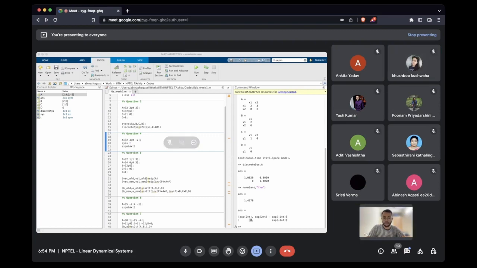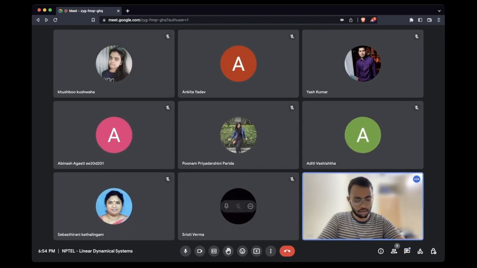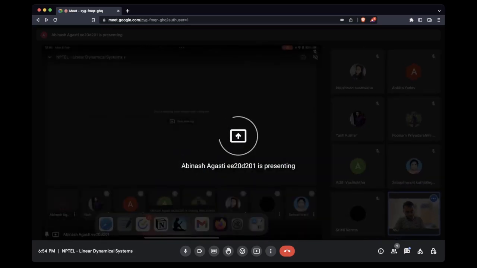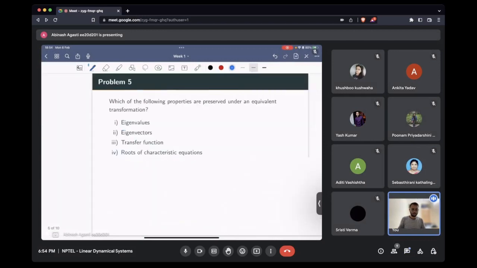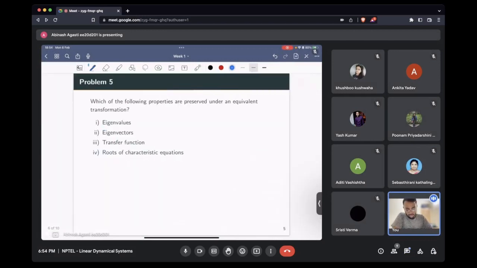So I'll move back to the writing pad. This is the solution that we get, right? Now we have the question: which of the following properties are preserved under an equivalent transformation?